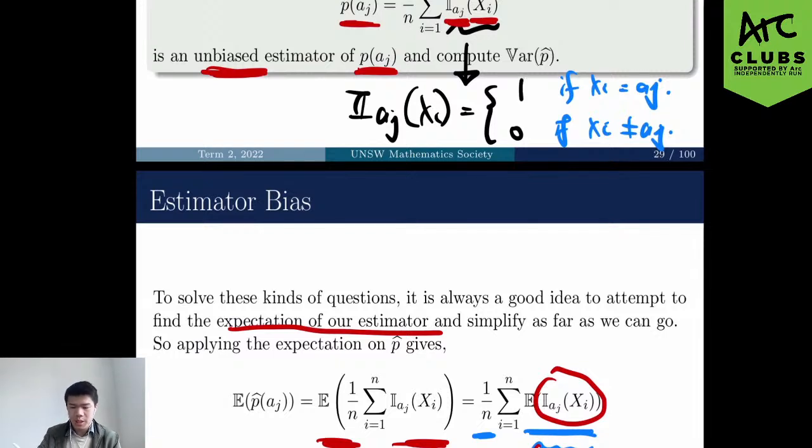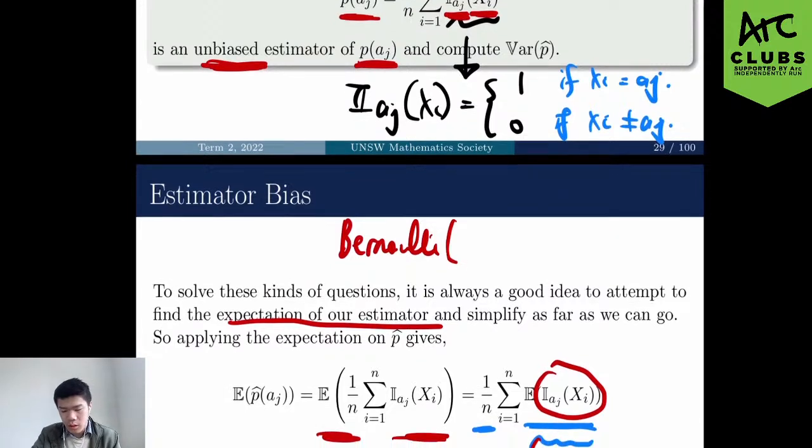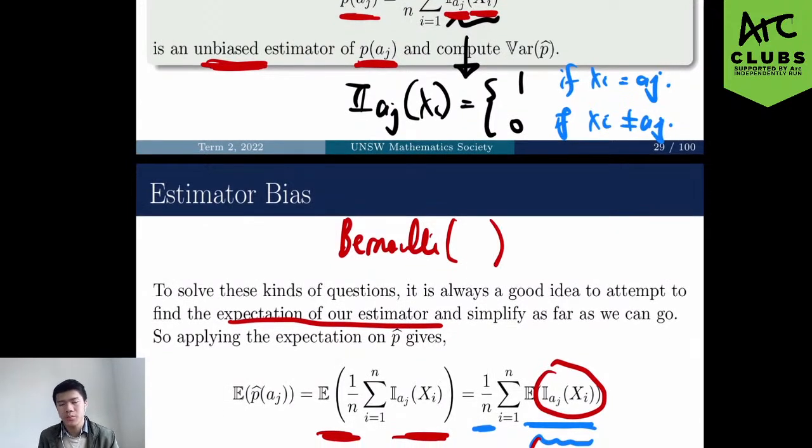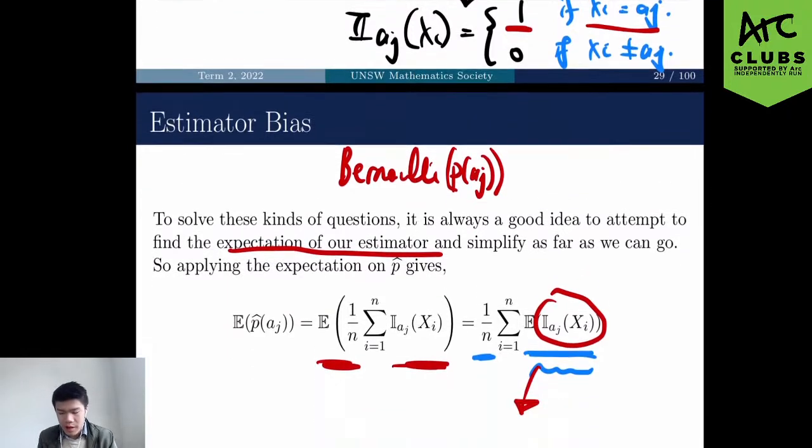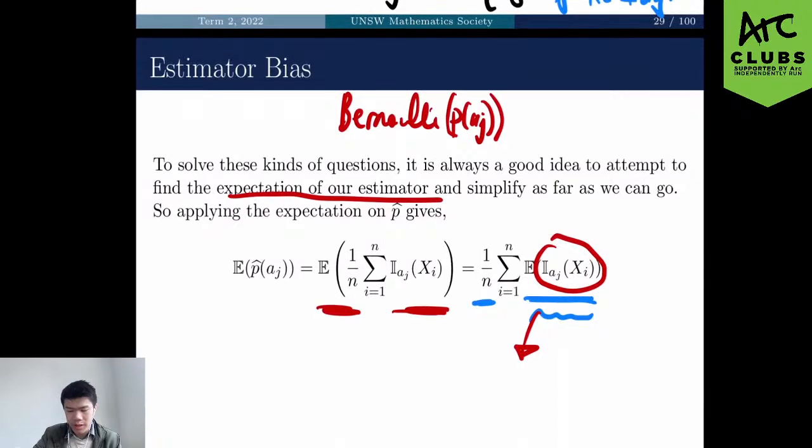So what's its expectation? Well, this looks like a Bernoulli random variable. What's the parameter? The parameter is going to be the probability of getting 1. And in this case, that's just going to be, by definition, the probability of getting aj. Okay? So that means that each of these little things is Bernoulli P of aj distributed.